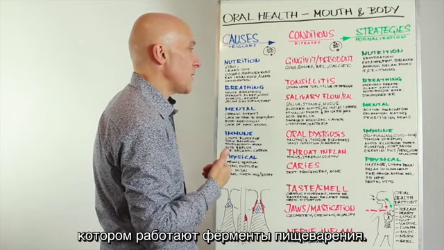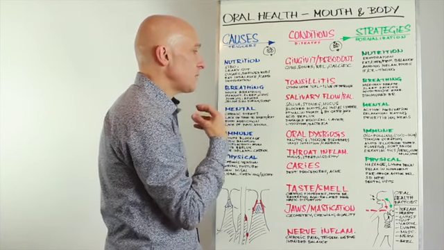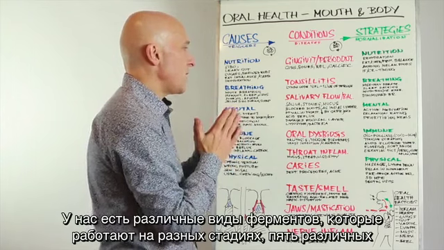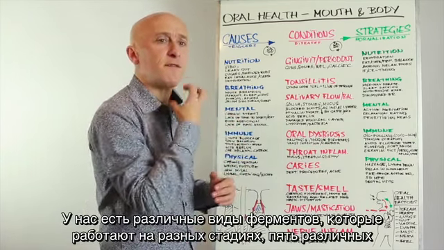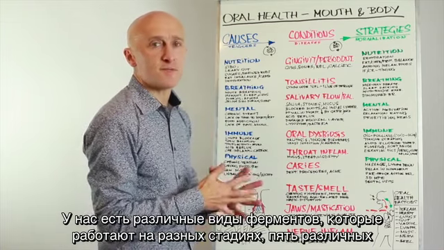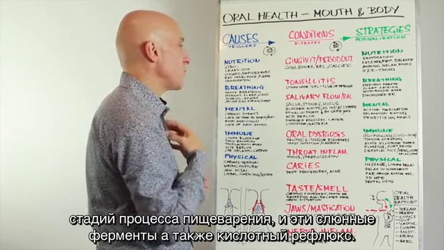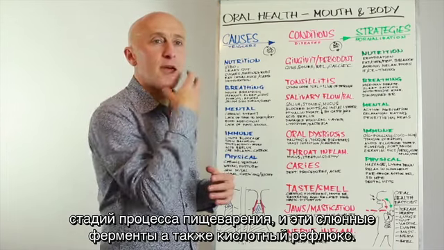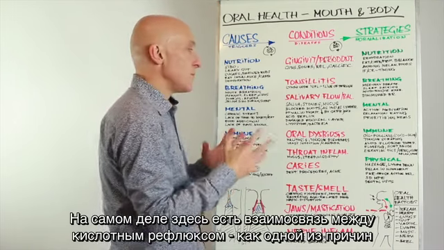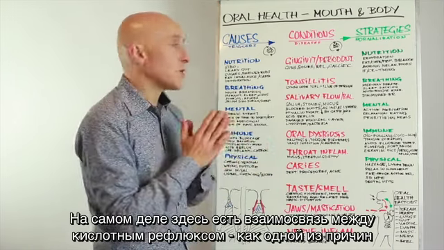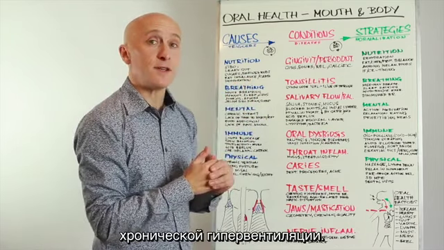We have different kinds of enzymes that work on different stages, 5 different stages of the digestion process. And these salivary enzymes and something we call acid reflux are actually interconnected. Acid reflux, one of its causes is actually chronic hyperventilation.